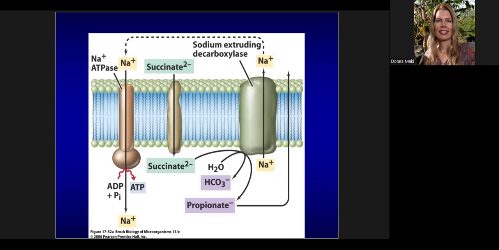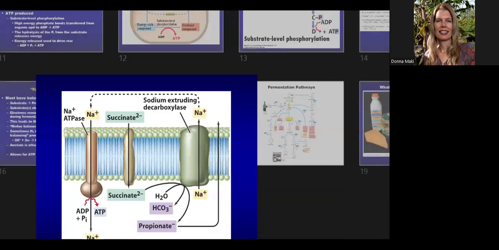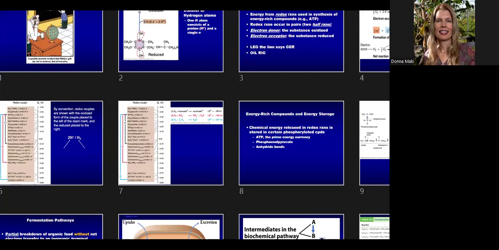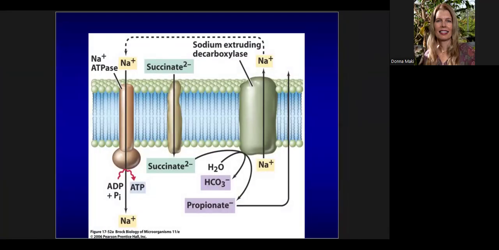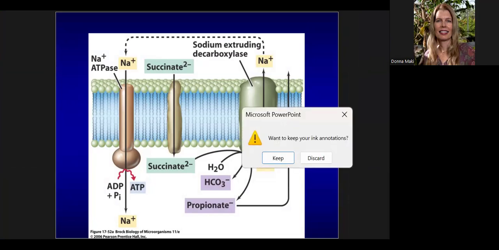So let's see. All right. That pretty much is the slide set on part 1 of metabolic diversity. This one was teasing apart what's going on with redox reactions, looking at the redox tower, reducing potential. Then we spent a little bit more time on fermentation and the whole redox balance. But now I'd like to talk a little bit more about what else microbes can do.